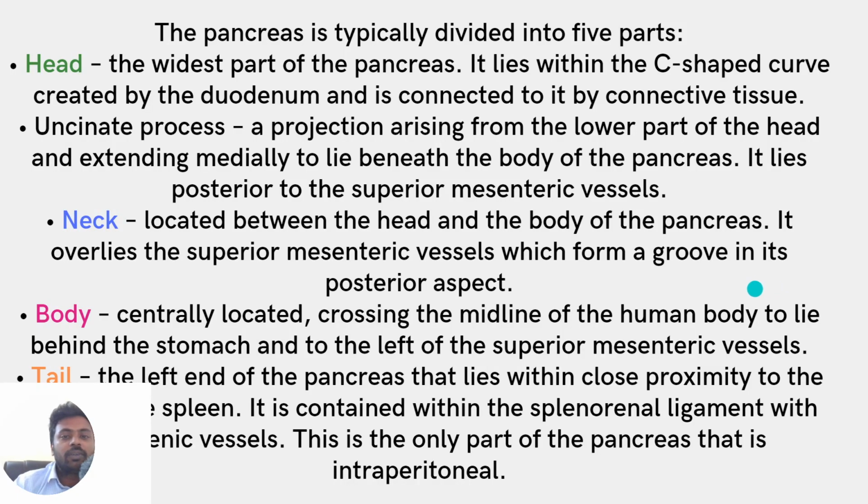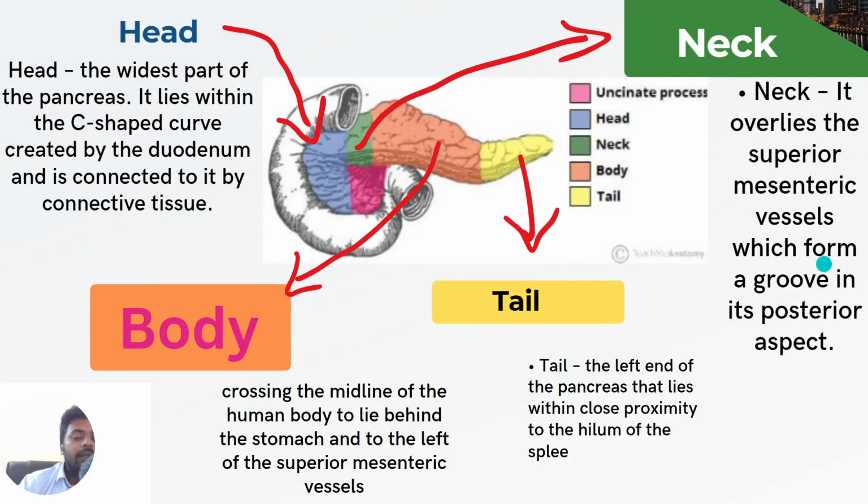Coming to the structure of the pancreas. Usually the pancreas is divided into four parts: head, neck, body, and tail. The head is the widest part of the pancreas. It lies within the C-shaped curve created by the duodenum and is connected by connective tissue. The neck is located between the head and the body of the pancreas. It overlies the superior mesenteric vessels.